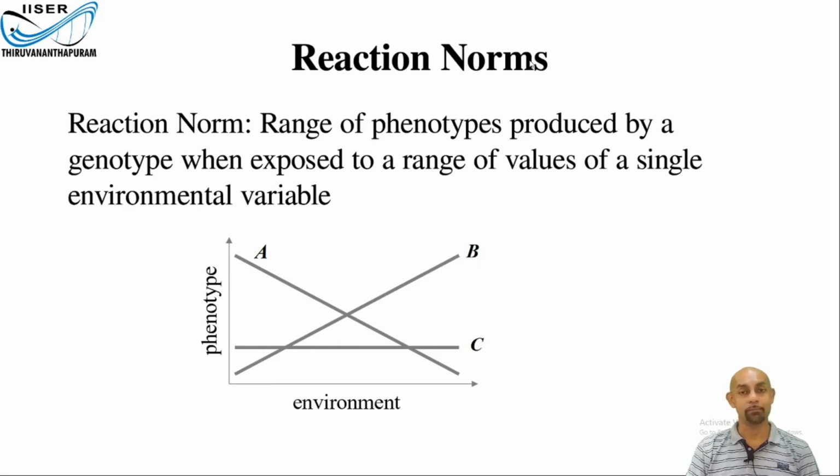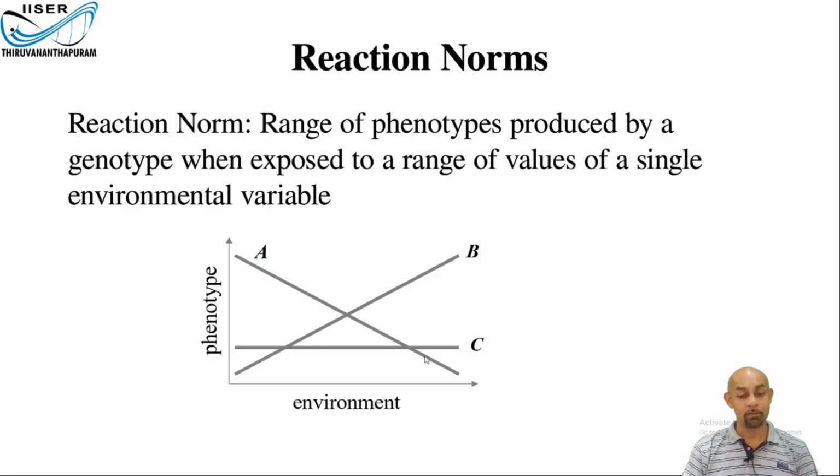Reaction norm is nothing but the range of phenotypes produced by a genotype when exposed to different values of one environmental variable. So you're always talking about one phenotype and one environment.